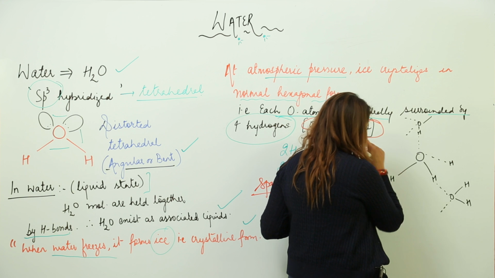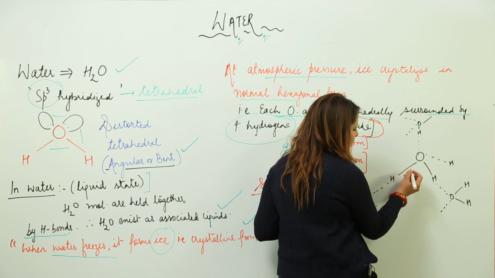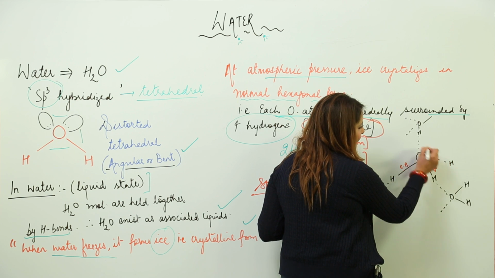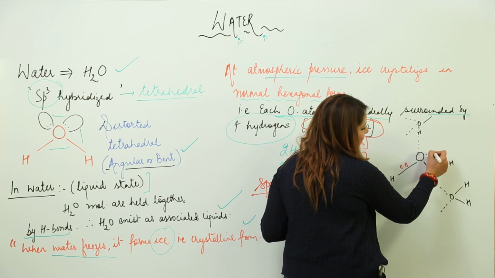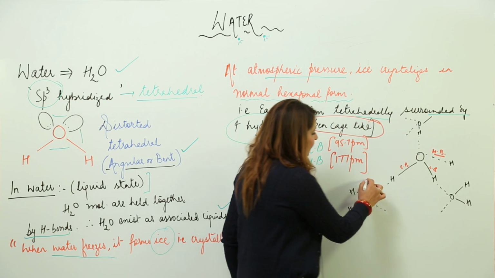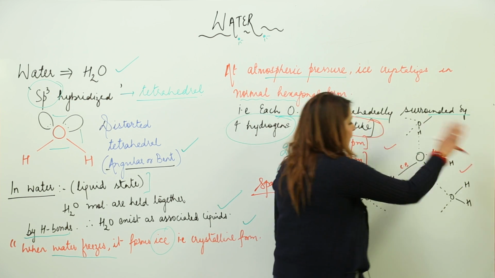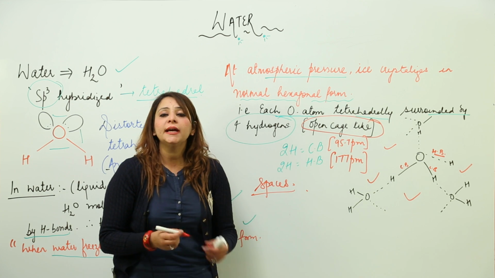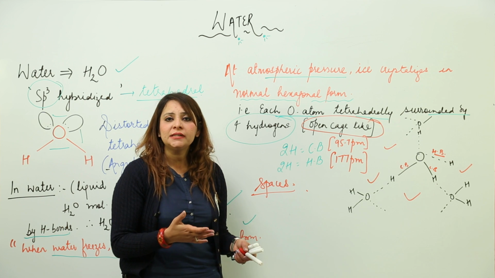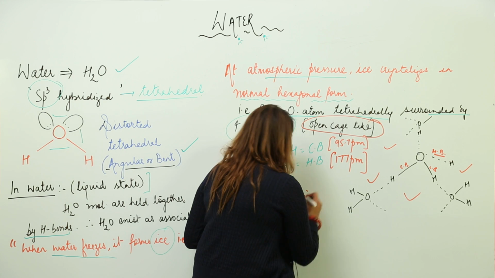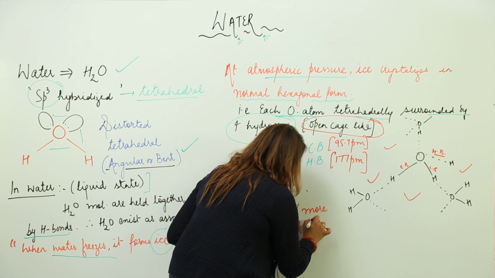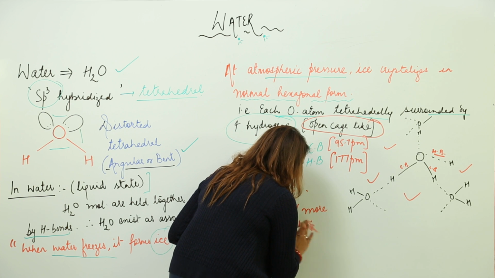See here, one oxygen is surrounded by 4 hydrogens, 2 linked by covalent bonds, and 2 dotted bonds are just indicating the hydrogen bonds. So like this, there exist a lot of vacant spaces because it is a 3-dimensional structure. Due to these vacant spaces, the volume is more and the density is less.